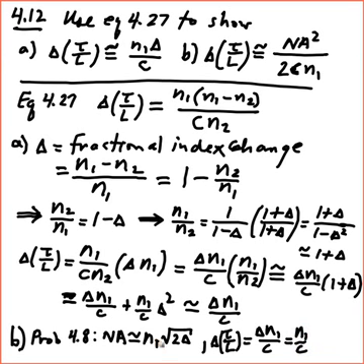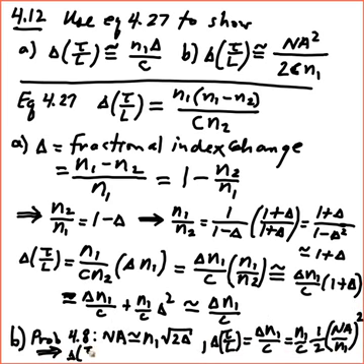But from this, delta is one half of NA over n1 quantity squared. And so now you can see the n1 cancels. I'm running out of room.